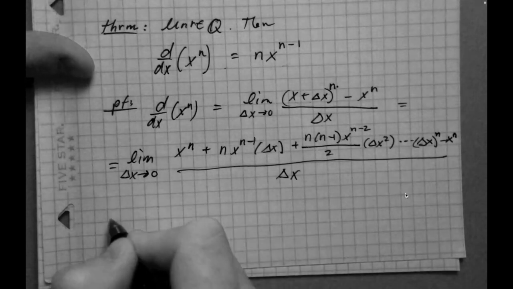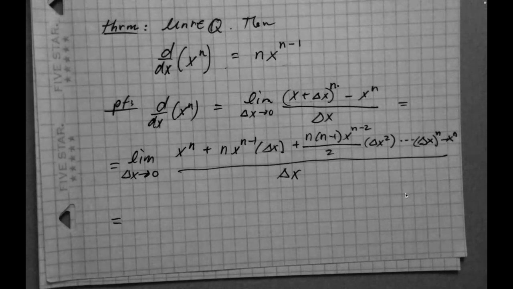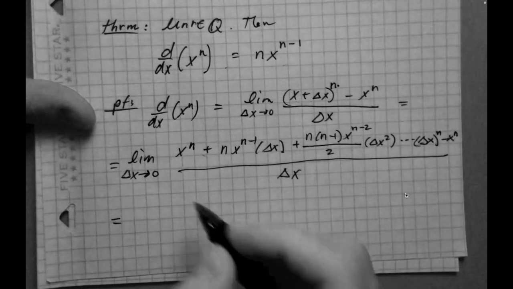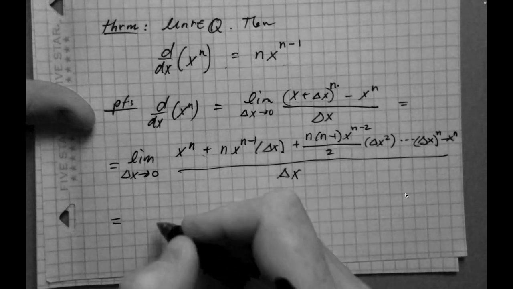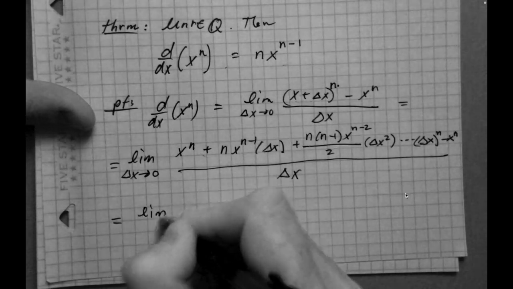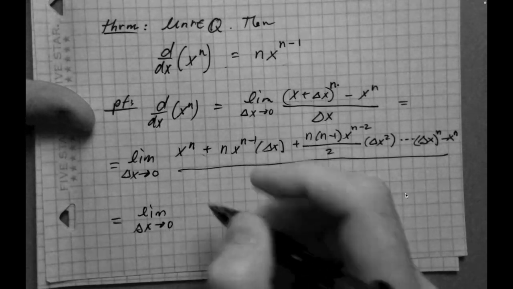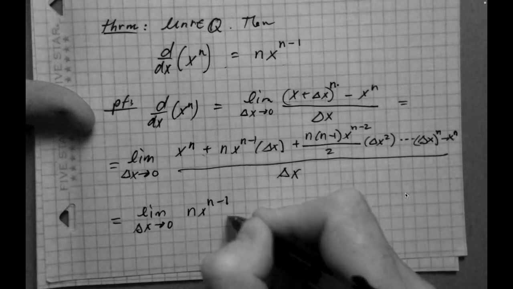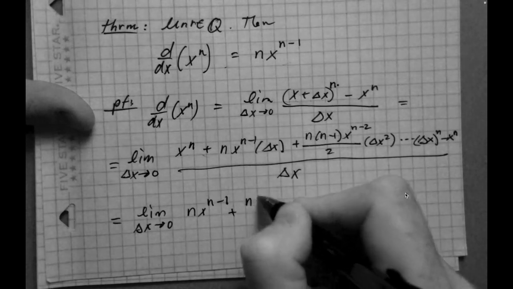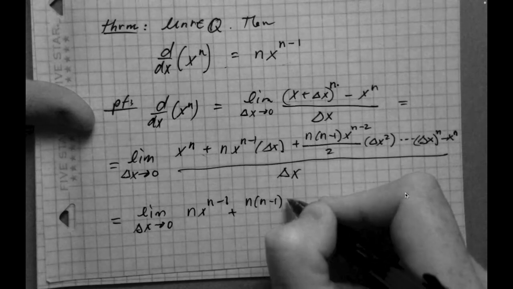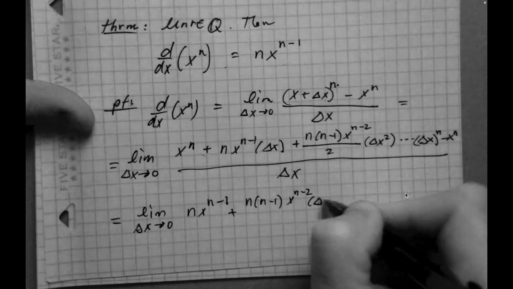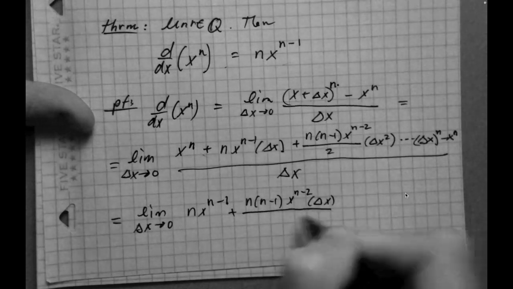Now, that expression cleans up nicely. Basically, you can divide out these delta x's, and what you end up with is the limit as delta x goes to 0 of nx to the n minus 1 plus n minus 1 x to the n minus 2 times delta x, and then that's all over 2.